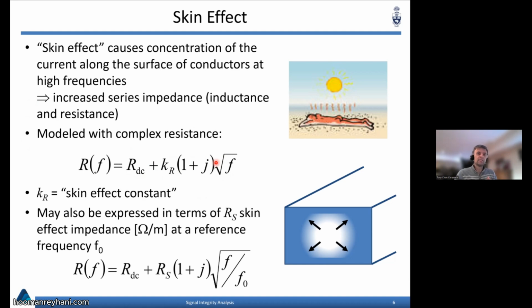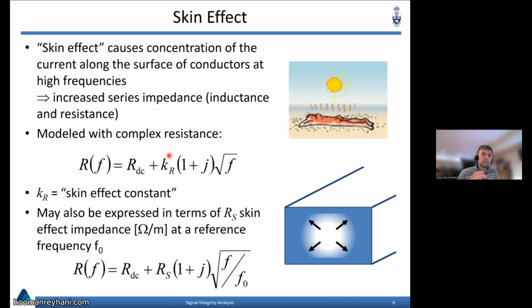But whereas inductance causes a complex impedance that increases in proportion to frequency, this skin effect term is increasing proportional to the square root of frequency. You also get a real component here that is also increasing in proportion to the square root of frequency. So that's a clear loss mechanism there.